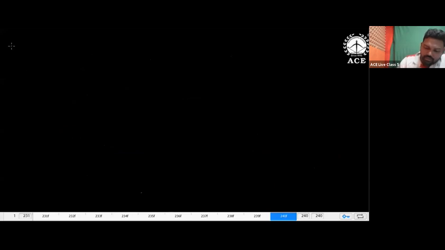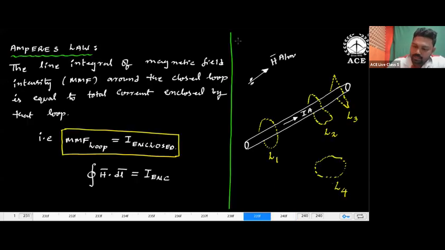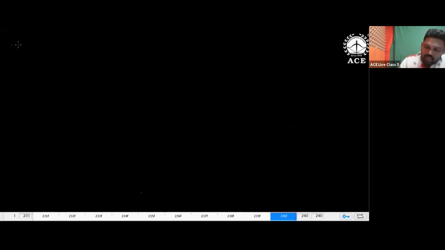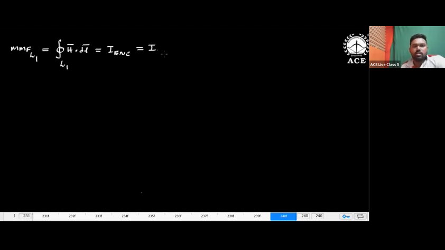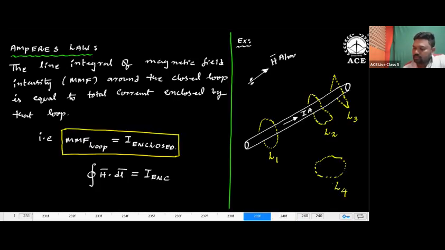I'm going to explain here with the example. MMF in the loop 1 can be written as closed line integral of H dot dL over loop 1, which is equal to I enclosed. The current enclosed is I. That's all it is. Loop 2 is also I, loop 3 is also I, but loop 4 is 0.